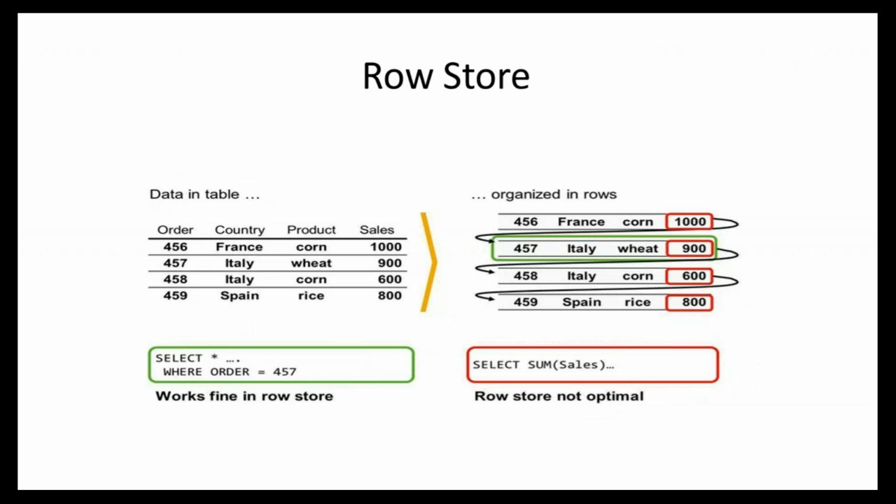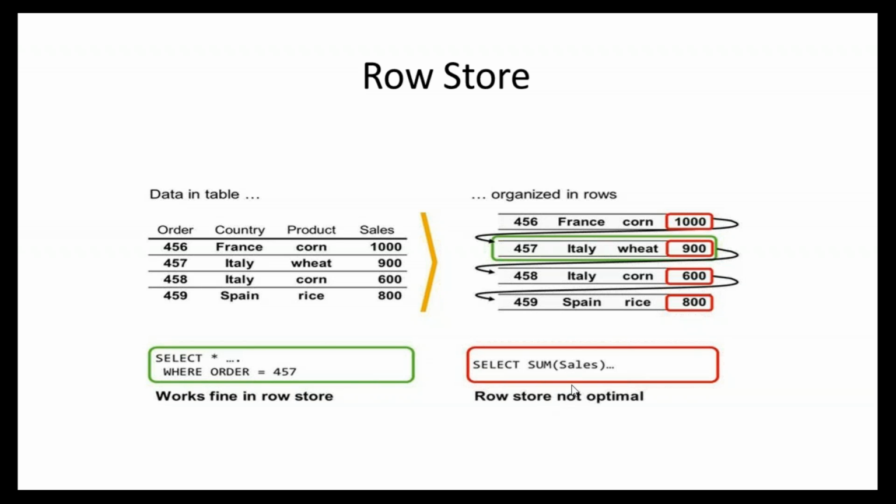This we already discussed, the row storage and column storage. But where we have to use row storage and where we have to use column storage is what we need to understand. Let's say you want to simply select the data, then row storage will be fine. But if you want to do some operations on the data, for example showing data using a sum, it's not good to go for row storage.